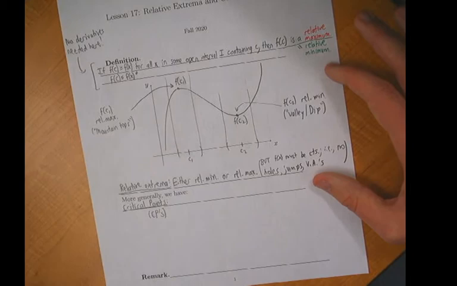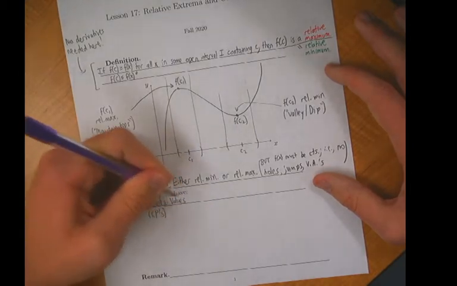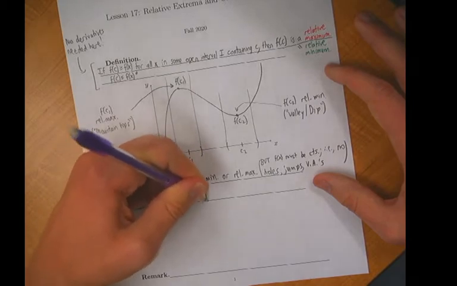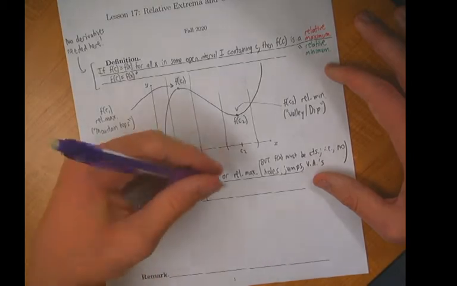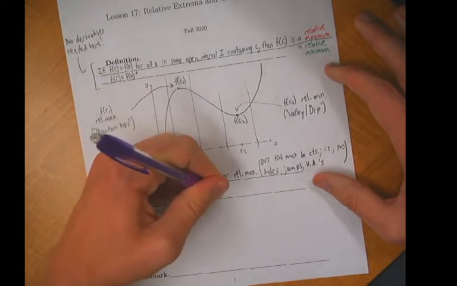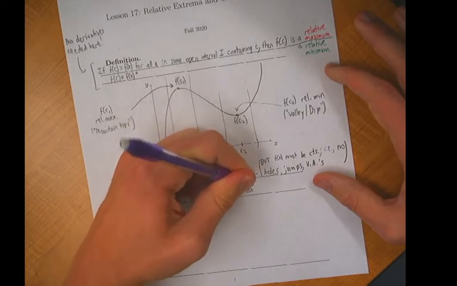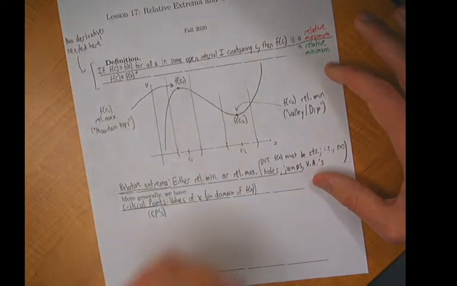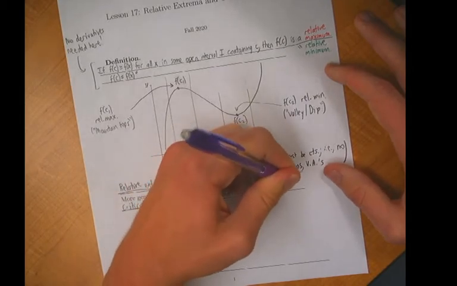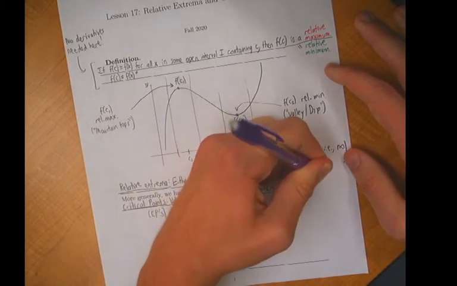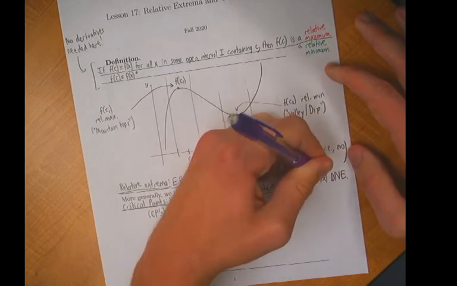Critical points are values of x, and one important thing to keep in mind is that they have to be in the domain of f of x, where f prime of x equals 0, or f prime of x does not exist. Okay?